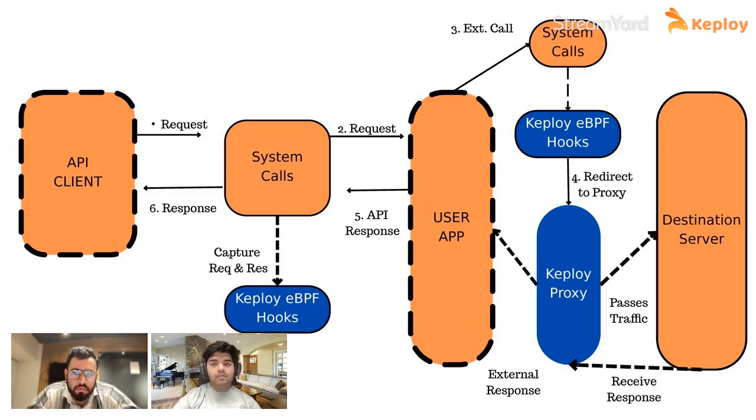But in Keploy, those packets are decoded, parsed, and saved in a YAML file in a readable format. You can edit those and play around to check how your application is behaving.